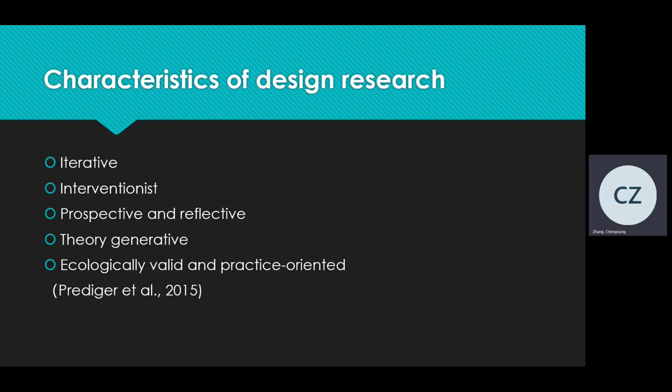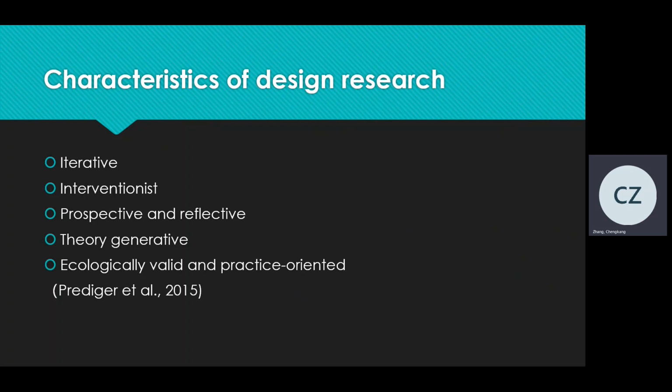And the principles or solutions that we provide have to go through the process of development, testing, and improvement in several rounds. Through several interventions, the solutions or principles can become a mature work, and it can be the outcome of a design research. So design research has to be iterative.